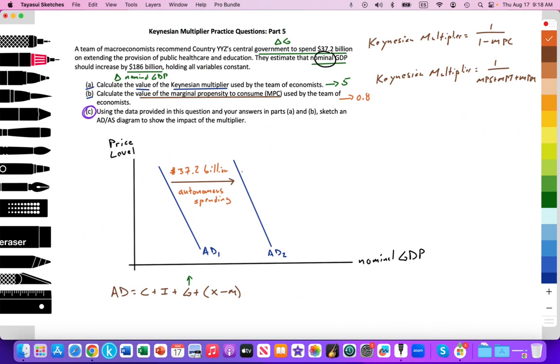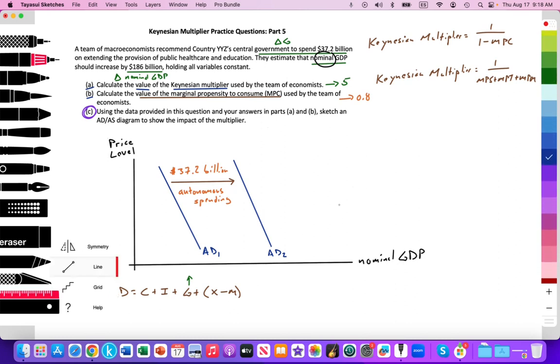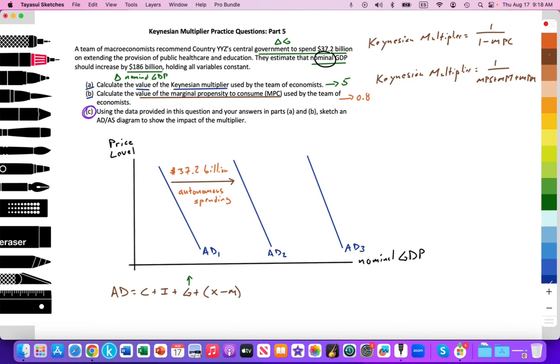Then the multiplier effect takes hold, and it further shifts AD out from AD2 to AD3. So I'm going to draw that as well and label it AD3. Again, we have that expansion of aggregate demand due to the multiplier effect.